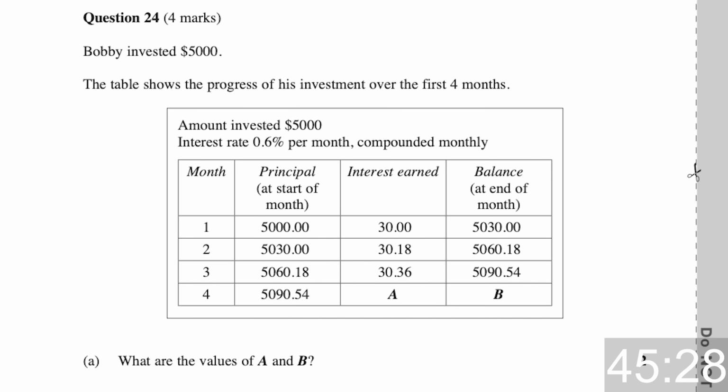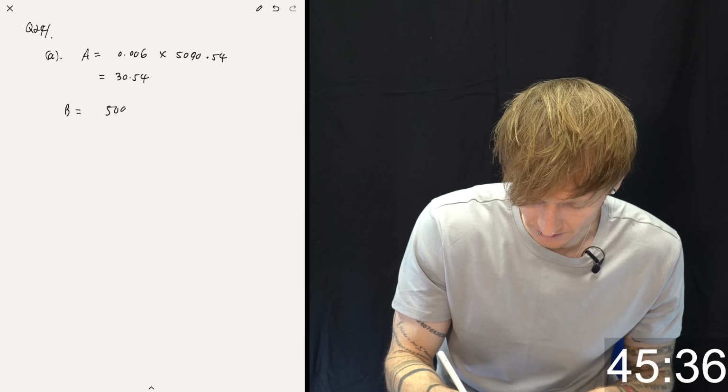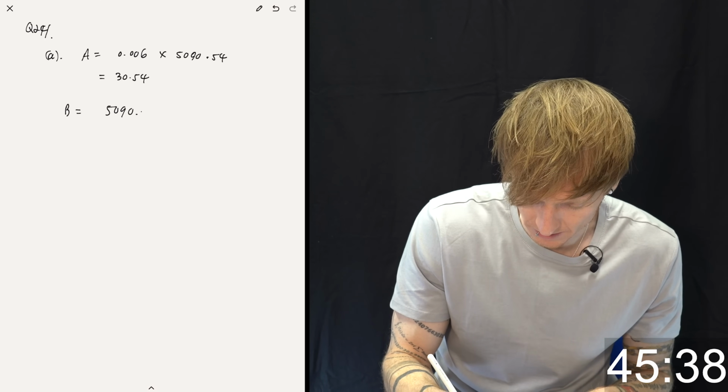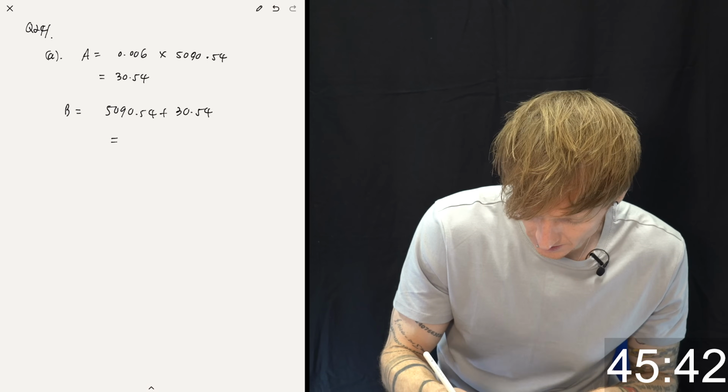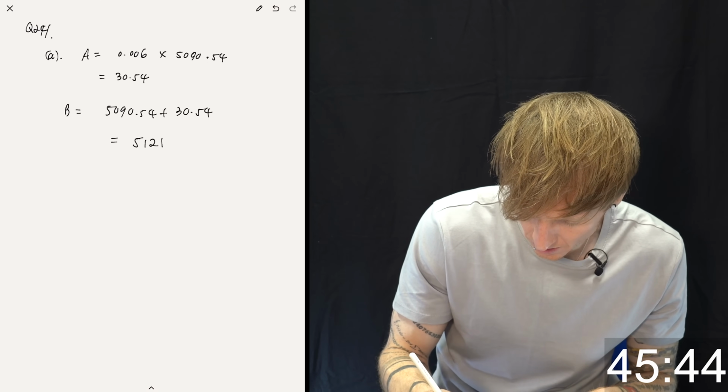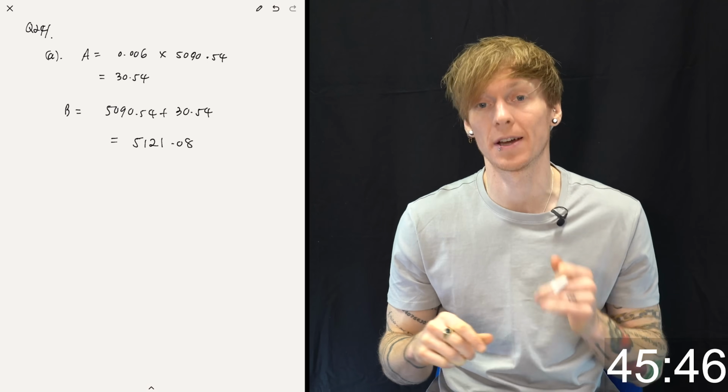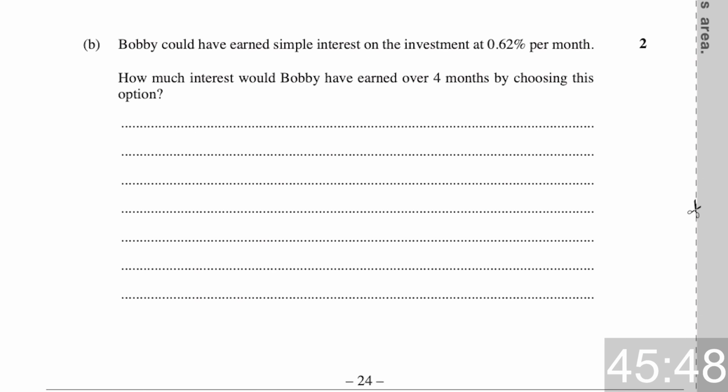So his total balance, therefore, B is equal to the old total, 5,090.54 plus 30.54. So that's 5121.08. Right, 5121.08 for B.